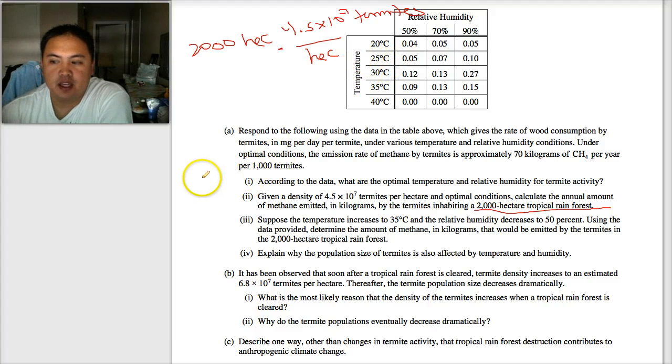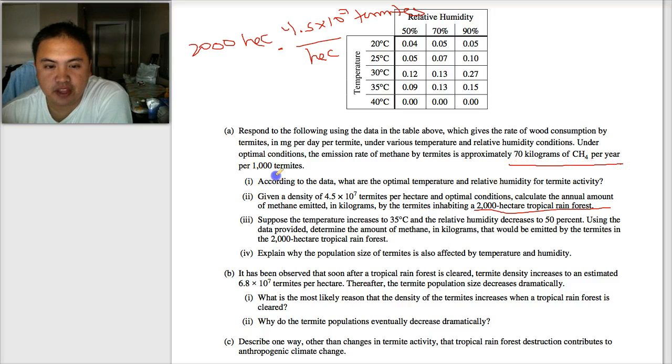Now, it's not in this question, but up here it says I have 70 kilograms of CH4 per year per 1,000 termites. So it tells me to cancel out termites.